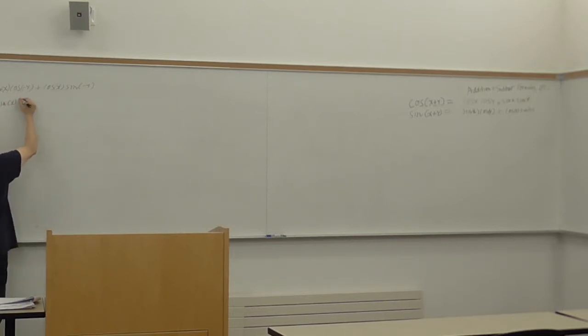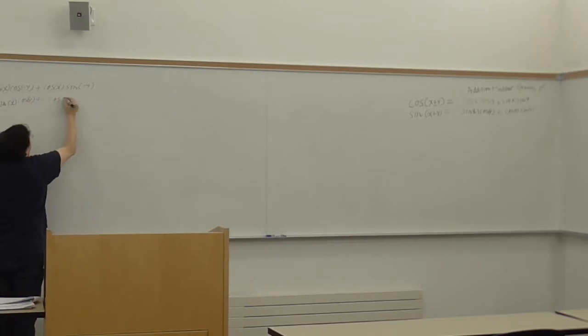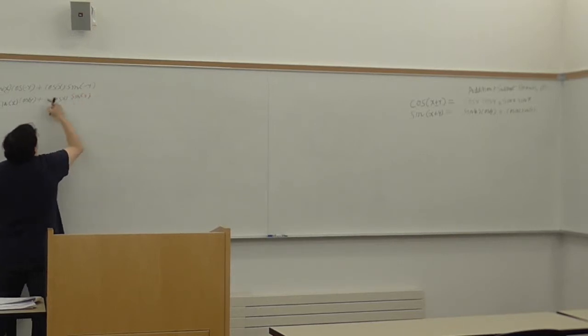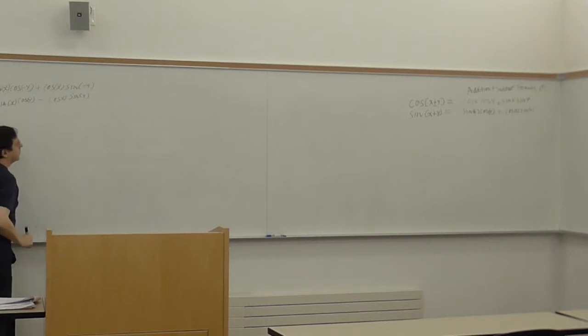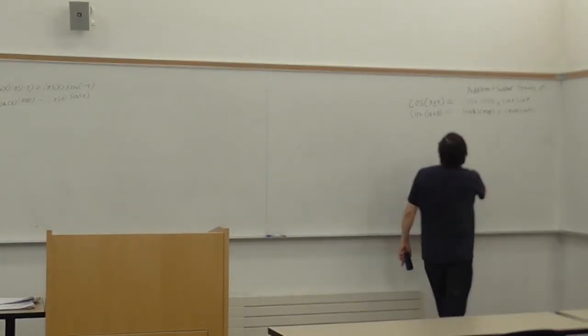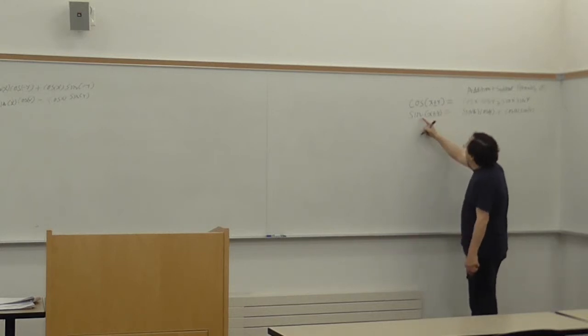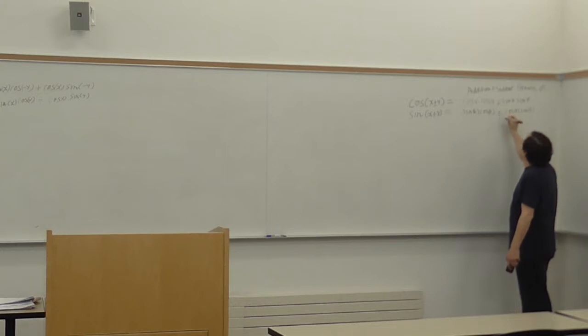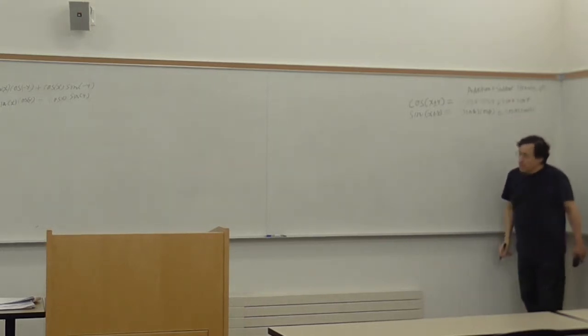Cosine of minus y is just cosine of y. Sine of minus y is minus sine of y. So I get a minus here. And it looks like I can write this very conveniently. Sine of x plus or minus y is sine x cosine y plus or minus cosine x sine y.